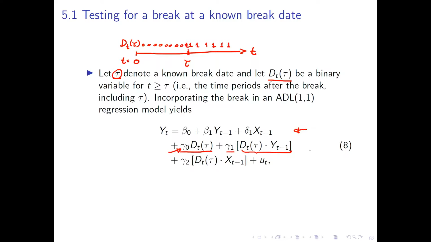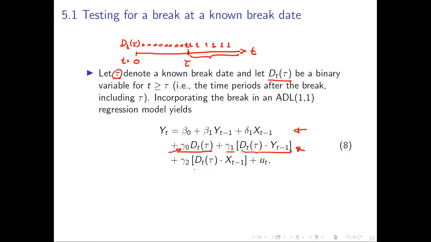So this variable here would then contain all the lagged y variables for dates after the break, and it would contain the value 0 before the break.